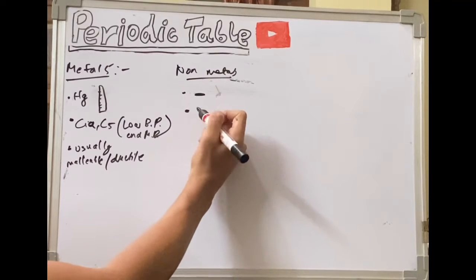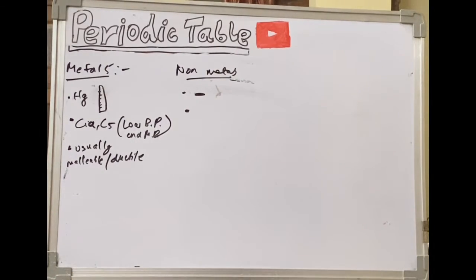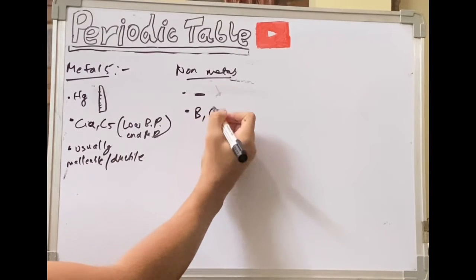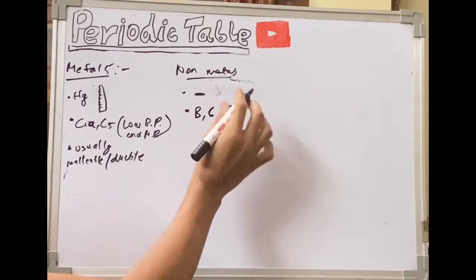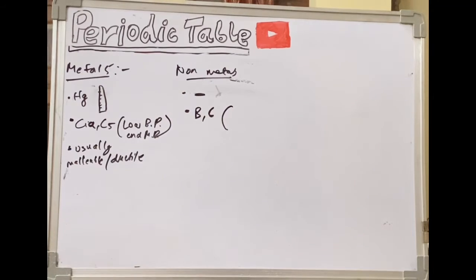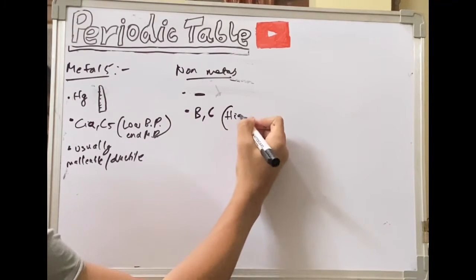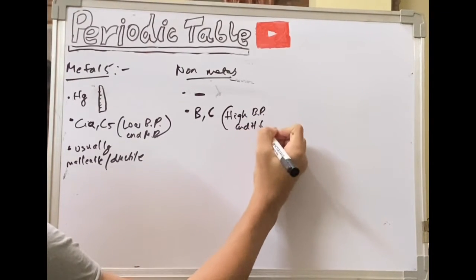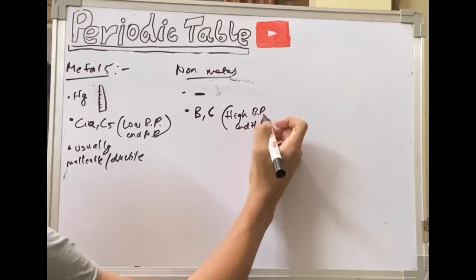Usually, but the exception here is boron and carbon, B and C, because, okay, you can term that in any other acronym as well. So this only has high BP and high MP, unlike the others with lower MP.